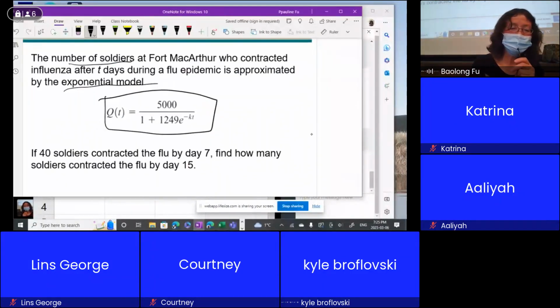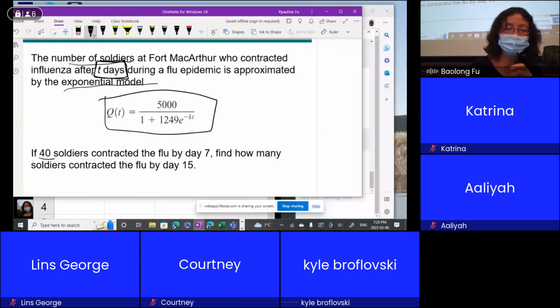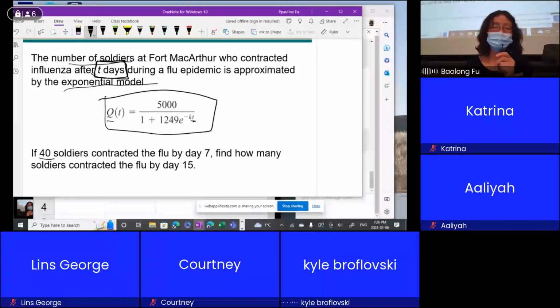If 40 soldiers contracted the flu by day 7, find how many soldiers contracted the flu by day 15. T represents the day, Q represents how many soldiers contracted flu.